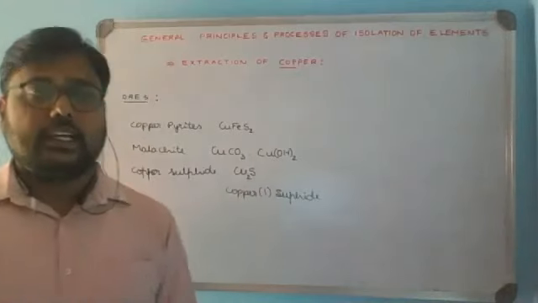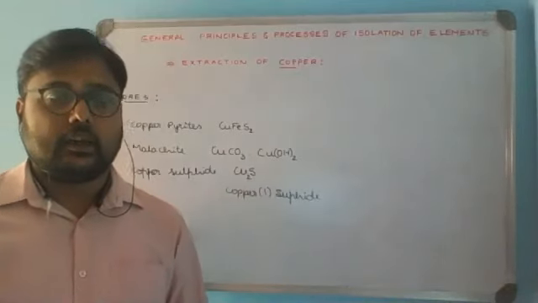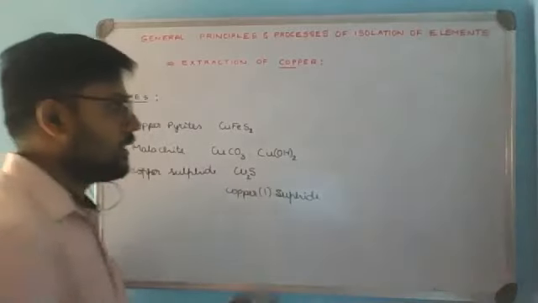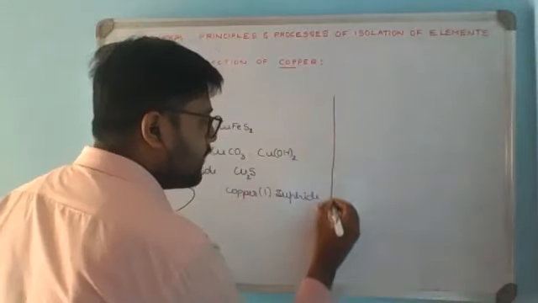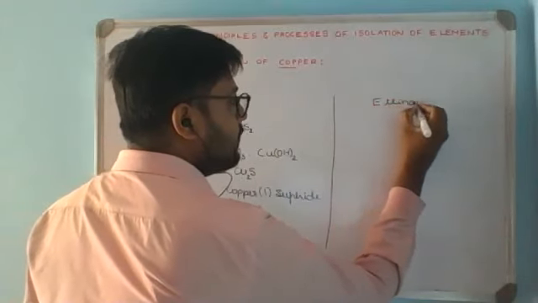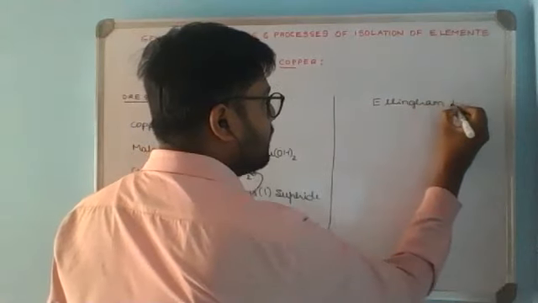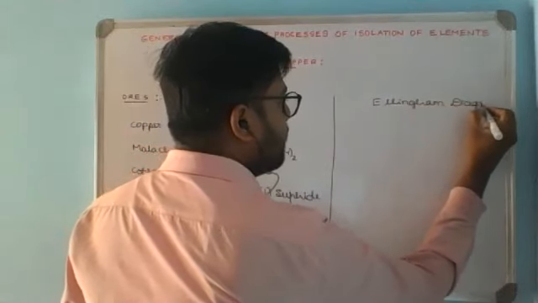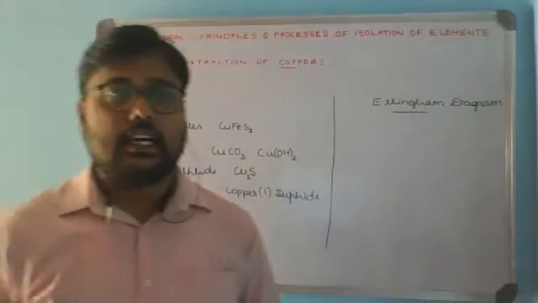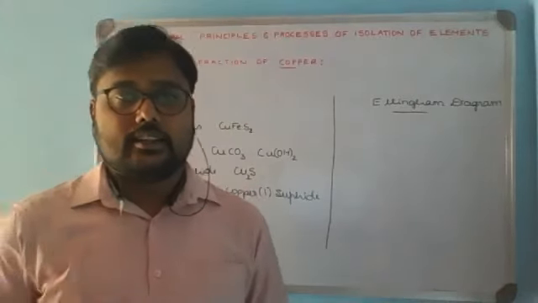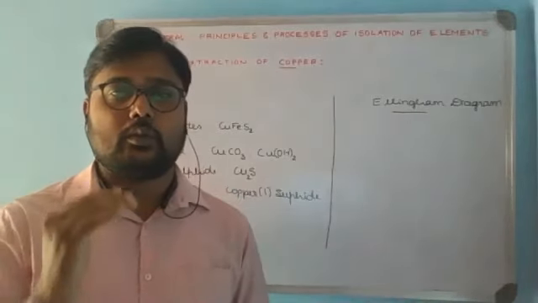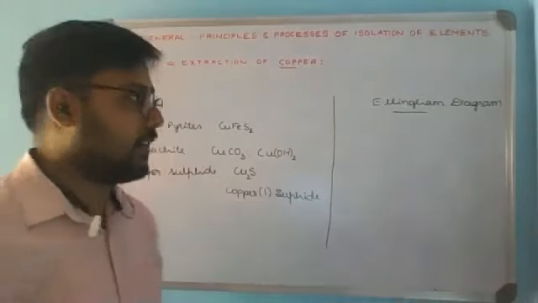So we'll learn in detail how the extraction is carried out. To give supportive information for the extraction, you can recall the Ellingham diagrams. If you observe the Ellingham diagram from the NCERT text, you can see that the Cu2O line, the formation of Cu2O, is almost at the top of the diagram.